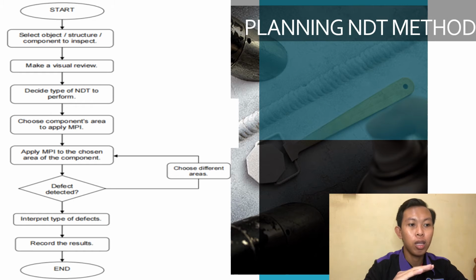Apply MPI to the chosen area of the component, and if we detect a defect, we proceed. If we don't detect a defect, we choose a different area. Next, interpret the type of defect, and then record the result. That's all, finished. I will pass to the next presenter.